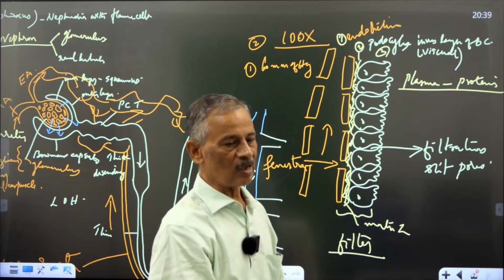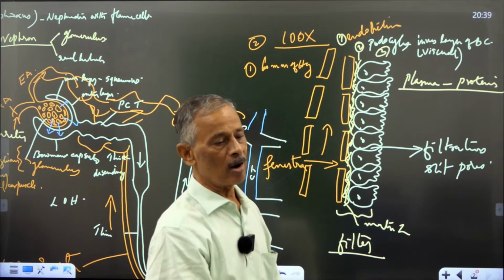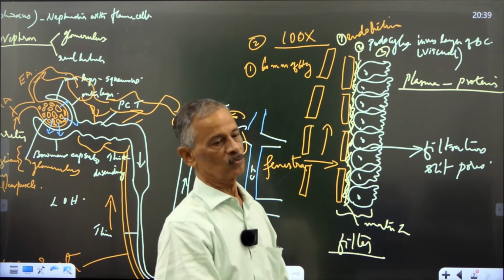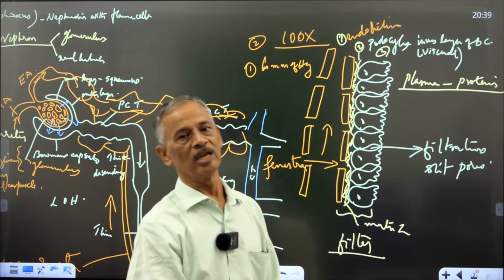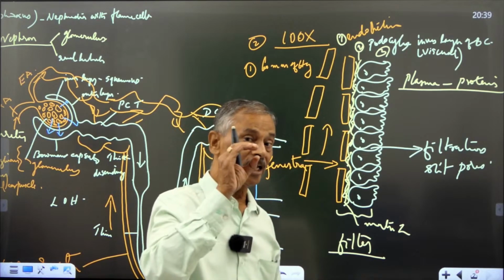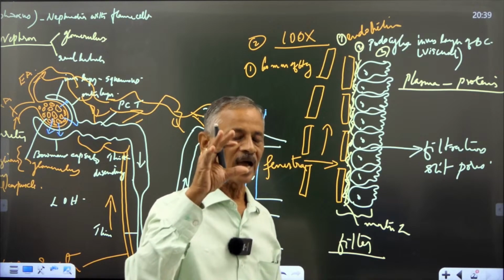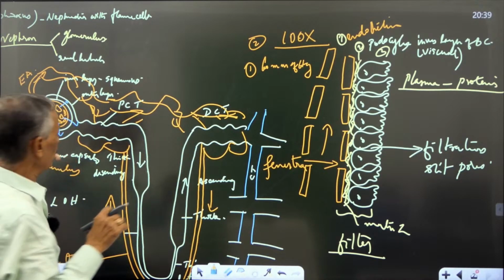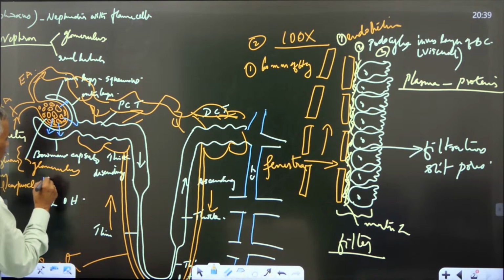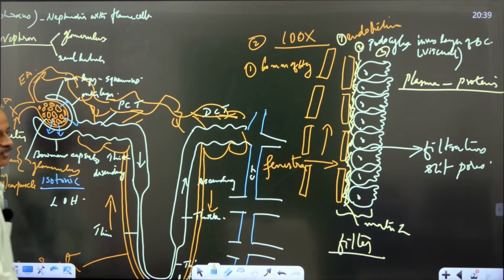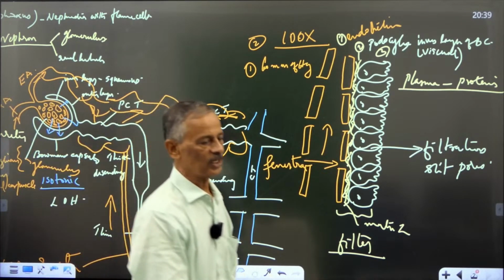That liquid is called glomerular filtrate or primary urine. First formed urine is primary urine. It has the same concentration of minerals and salts as that of the blood. So it is said to be isotonic, having the same salt concentration as that of the blood.